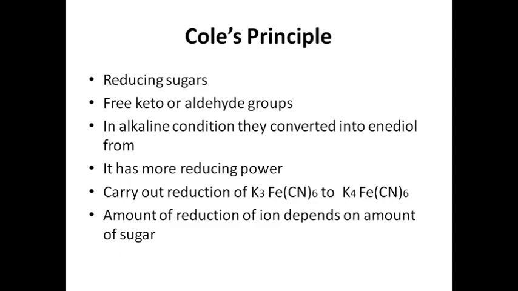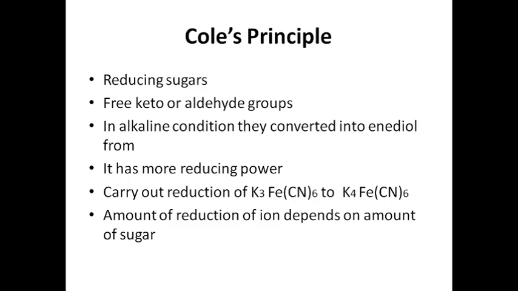Metal ions like copper, bismuth, silver, and K3FeCN6 can easily be reduced by the enediol form of sugar under alkaline conditions.